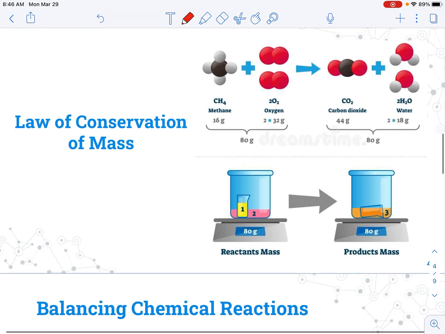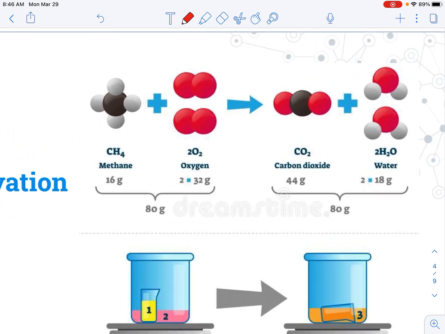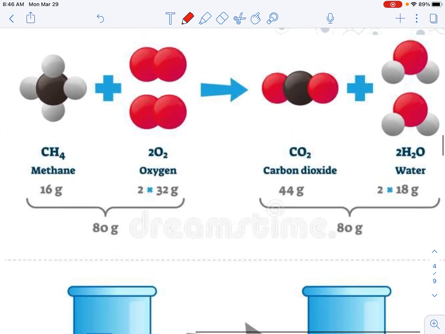So what does that actually look like? If we're looking at a chemical reaction and zoom in to the different parts, this is the combustion of methane. You've got methane reacting with oxygen to form carbon dioxide and water. If we break it down to individual atoms, you see 1 carbon atom on the reactant side and 1 carbon atom on the product side.